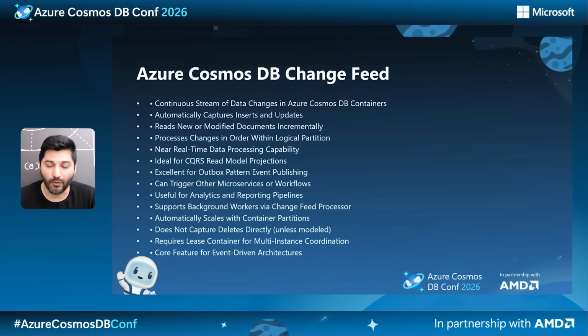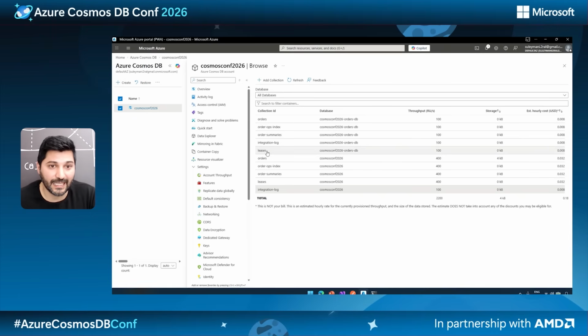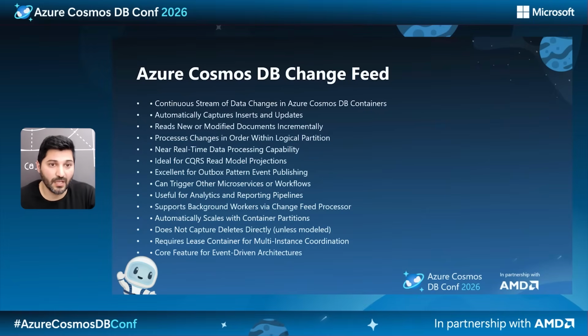And this sort of feature is ideal for CQRS read model projections. You can trigger other microservices or workflows, and it doesn't capture deletes directly and requires a leases container for multi-instance coordination. That's why we have created a leases container in our Azure Cosmos DB.